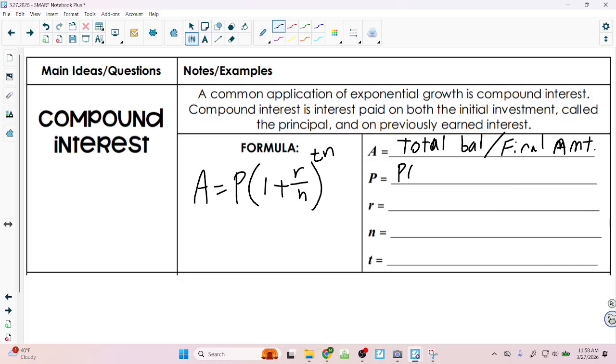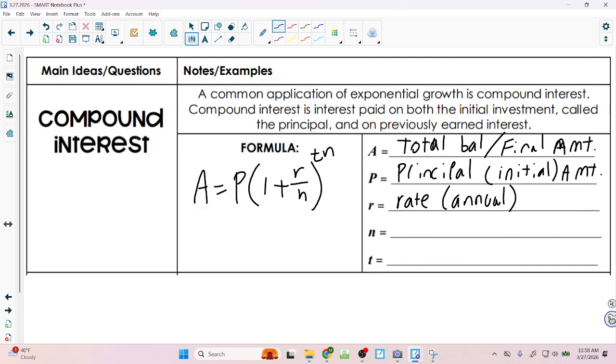P is the principal, which is also AKA the initial amount. And then we've got the rate, R, which is typically annual. It's normally an annual rate by default.